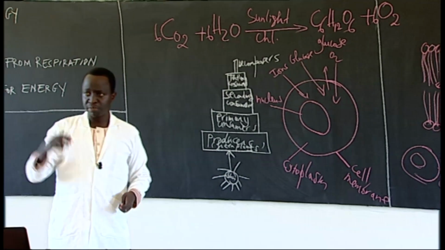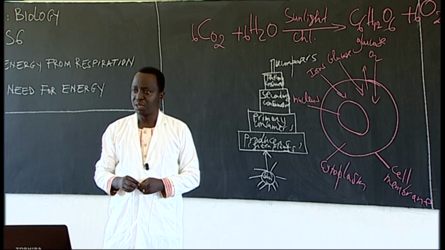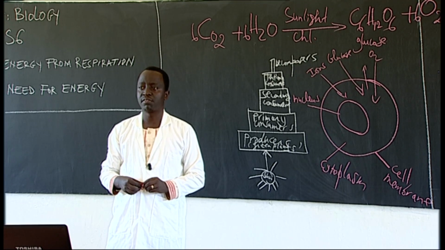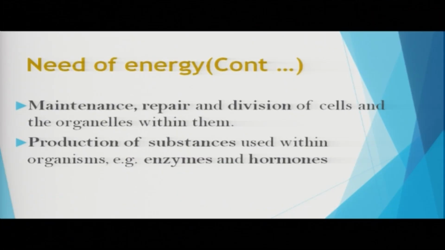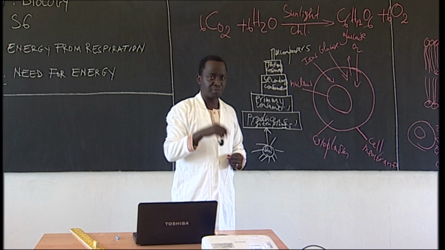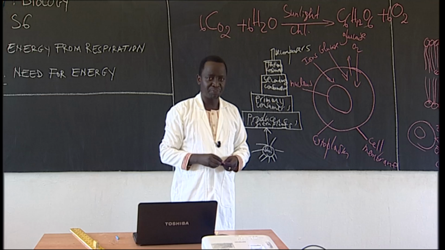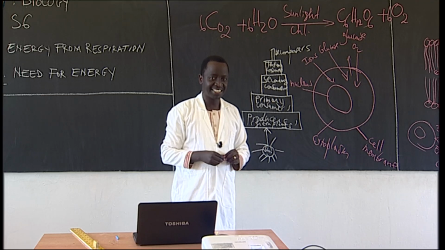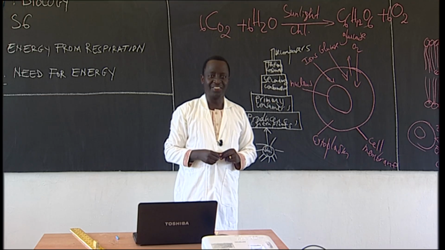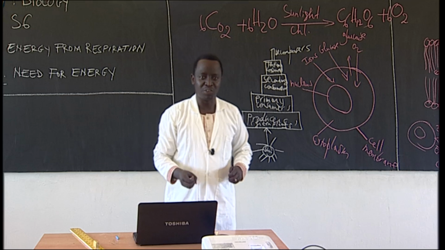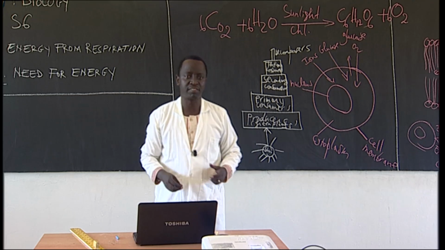Even the production of substances, such as hormones and enzymes, we do need what? We do need this energy. For example, you know what hormones are? Oh, yes. You try. Nice, good, very nice.